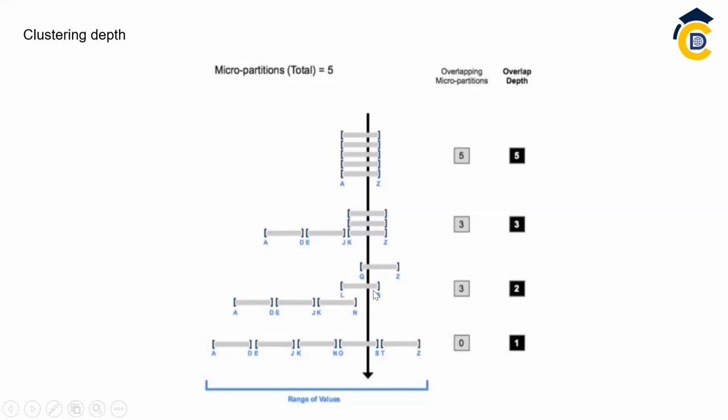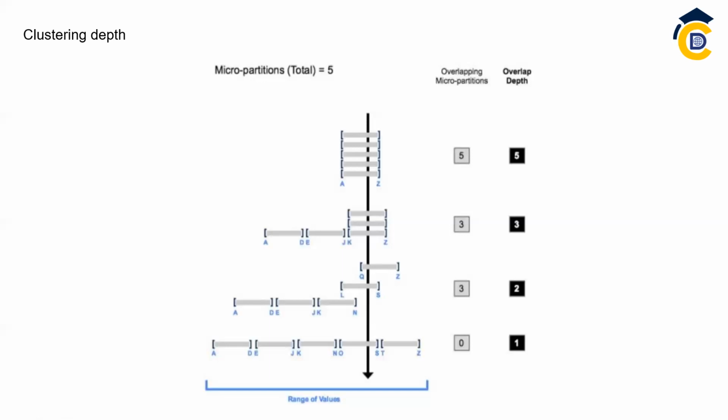It doesn't have O, P, Q, R, S. It doesn't have any separate values as compared to the other micro-partition. So it is overlapping, but its depth will not be considered. Only the depth of these 2 micro-partitions will be considered because they have overlapping values and separate values also.